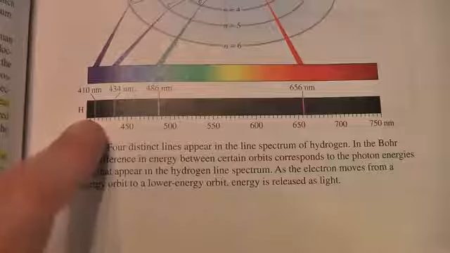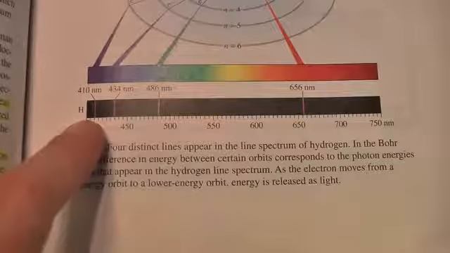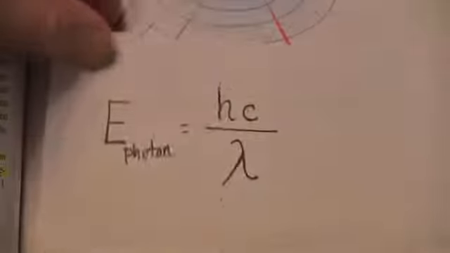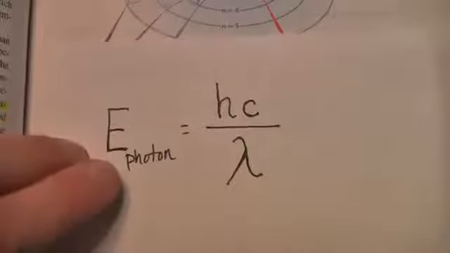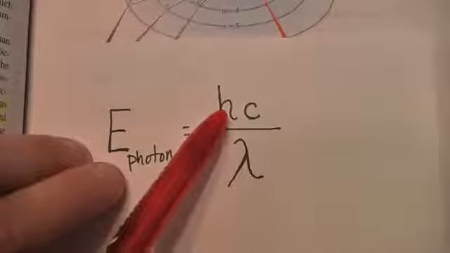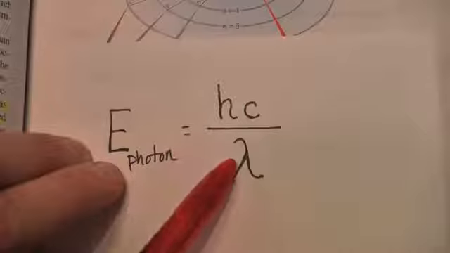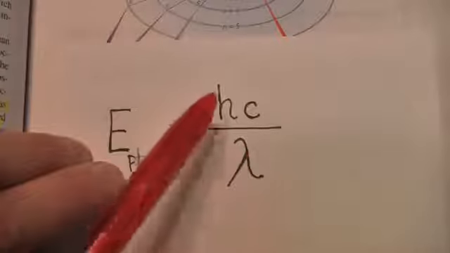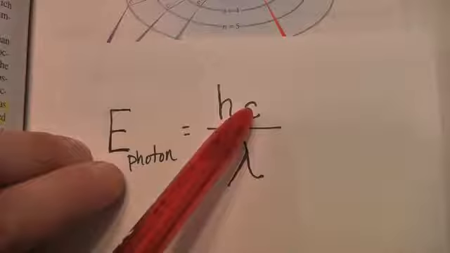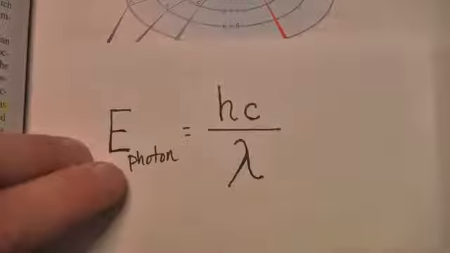So, can we convert wavelength to energy? Absolutely. What equation do we use? We use this equation. The energy of a photon is equivalent to Planck's constant times the speed of light divided by the wavelength. And we have the wavelength. This is a constant, this is a constant. If we do the math, we can find out the energy of that photon.